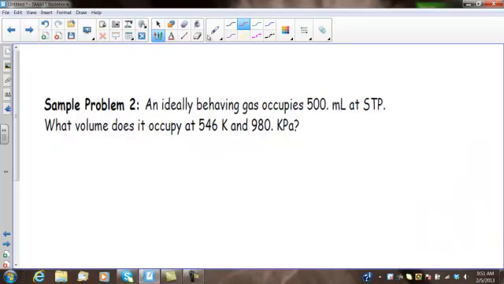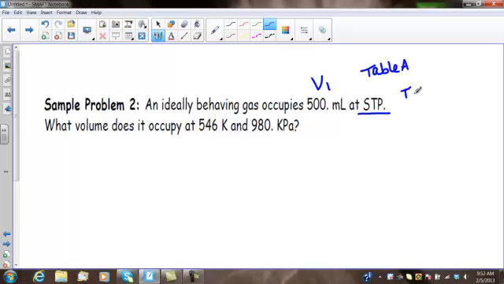Let's try another one. An ideally behaving gas occupies 500 milliliters. That's V1 at STP. Well, they're giving me some conditions here. STP, remember, is standard temperature and pressure. These values can be found in Table A of your reference table.